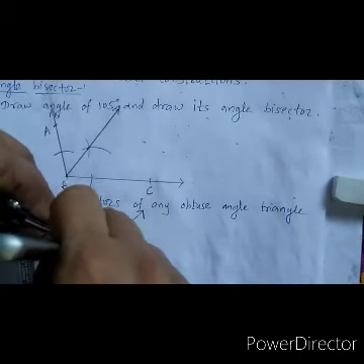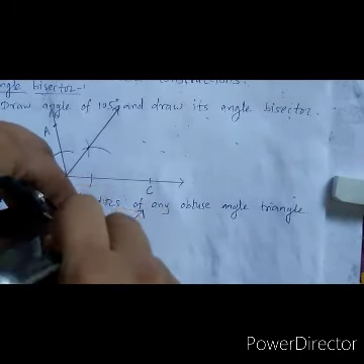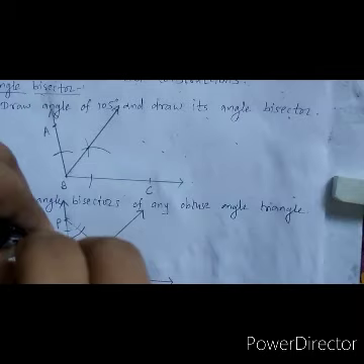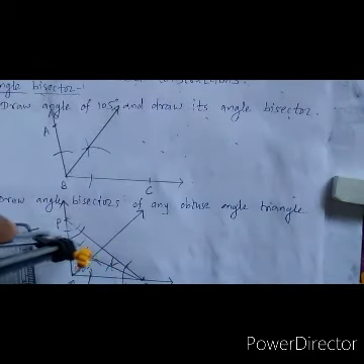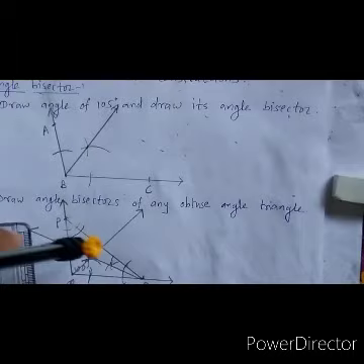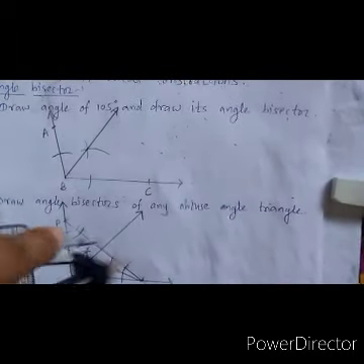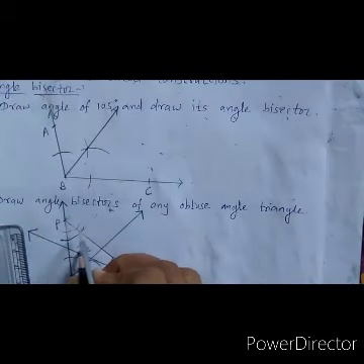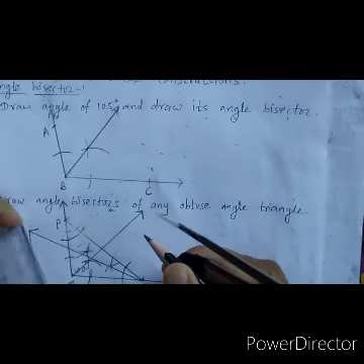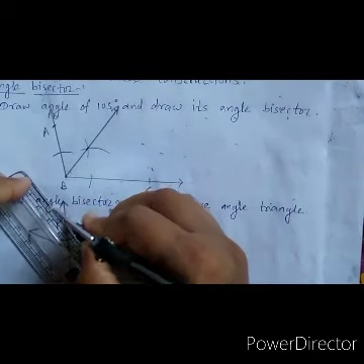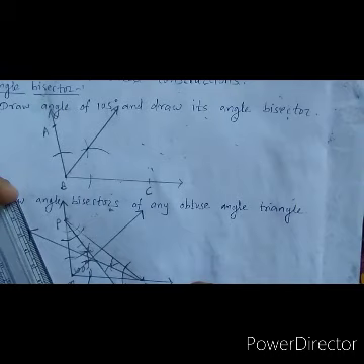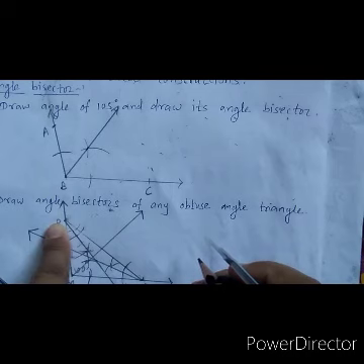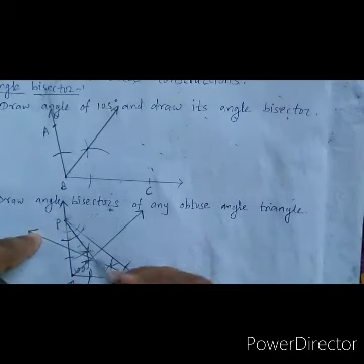Now draw the arc and join these 2 points of these arcs from the point P, and now we got the angle bisectors of these three angles of PQR.